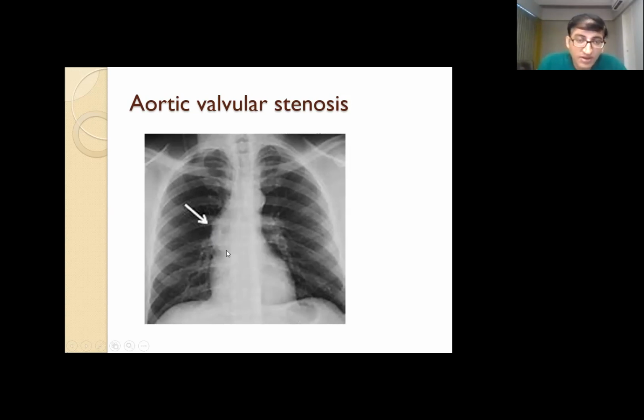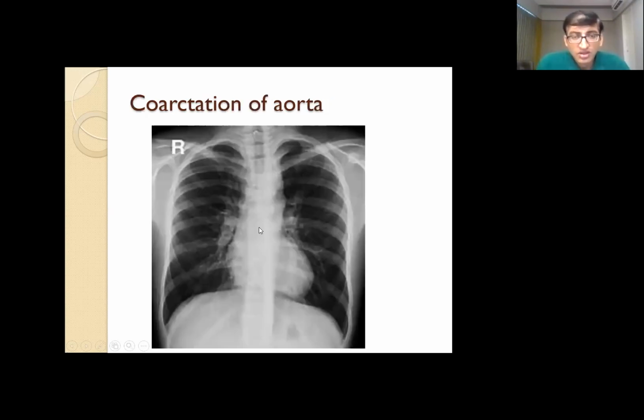So this is the aorta going like this, the dilated aorta, and then this is the aortic knuckle. This is the left-sided aorta going down, and this is the border of the descending aorta. In this particular case, there is no significant cardiomegaly. The right pulmonary artery is seen normally, without much vascularity.